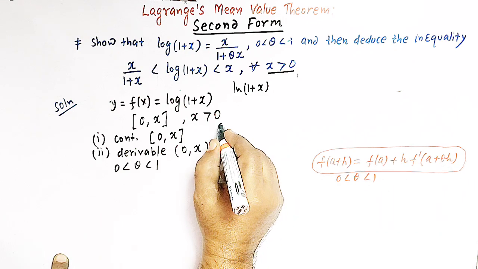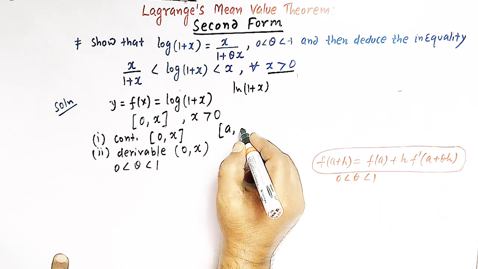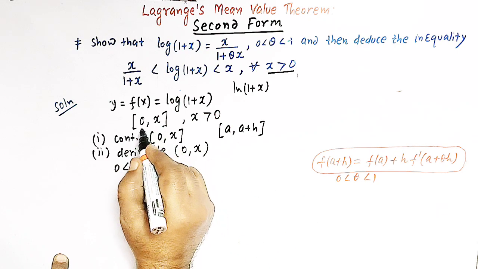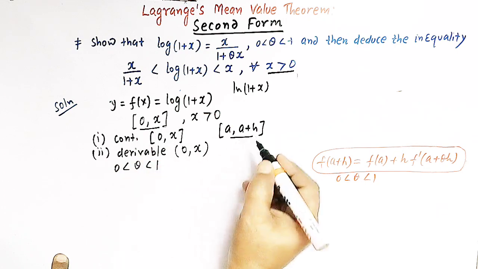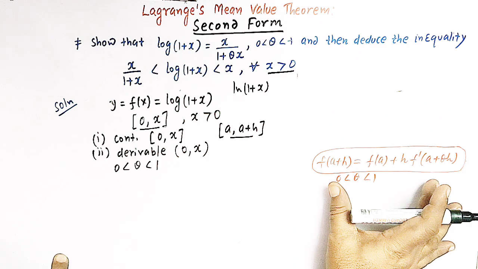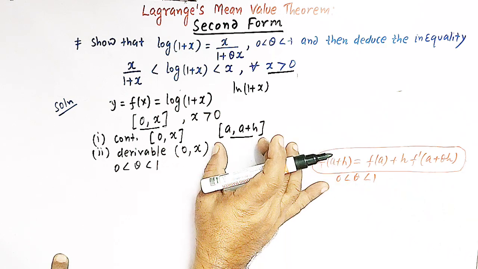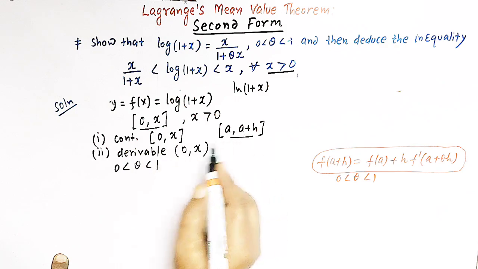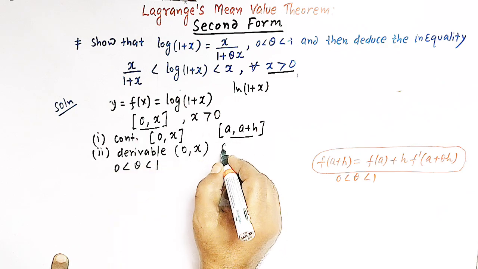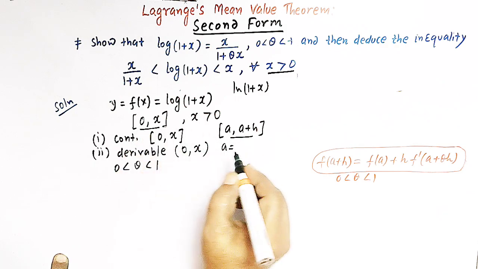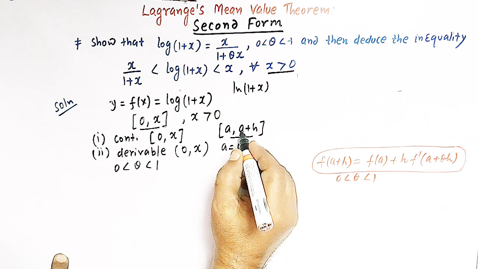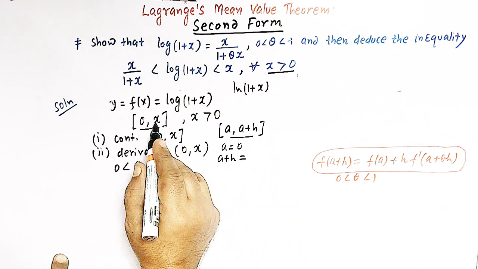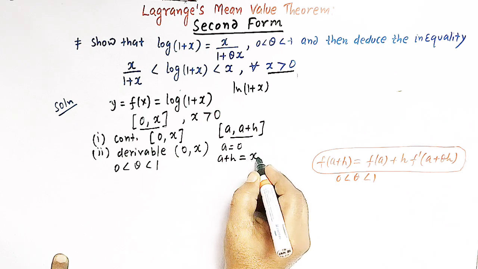So where the interval is a comma a plus h. So let us compare this interval with this one, right? Because this equation is for this interval. So if we compare these two intervals, then we can see that the value of a is equal to 0, and a plus h can be written as equal to x.